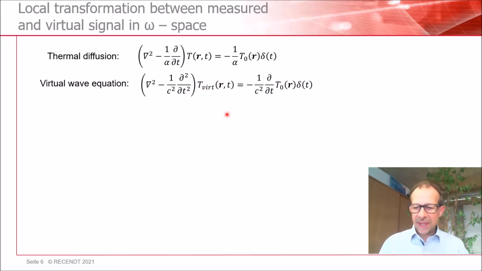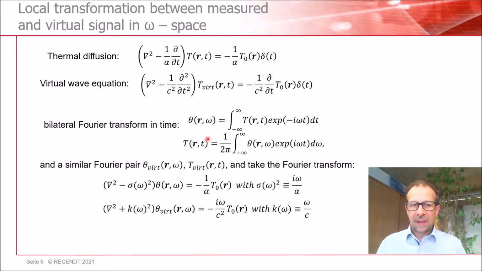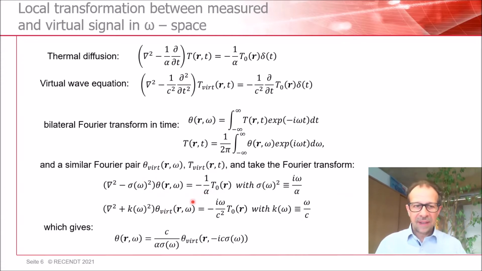In Fourier space, we get the Helmholtz equations here for the temperature in Fourier space, the delta, and the virtual temperature, the delta_virt. And you see they look very similar, and you can get from both equations that the virtual wave and the real wave, the measured, are just connected by this equation.